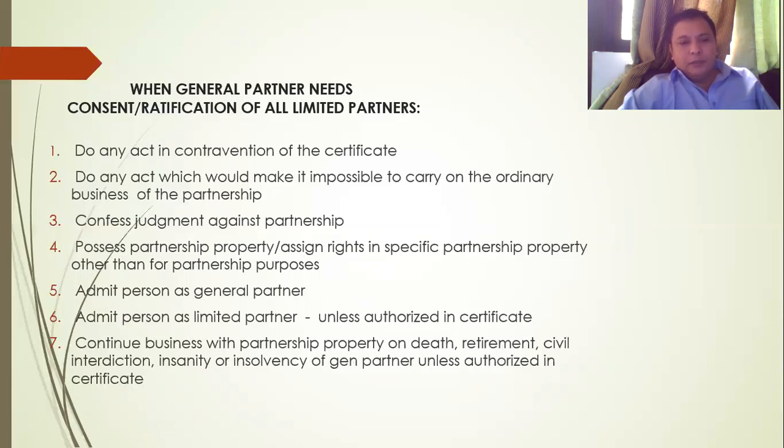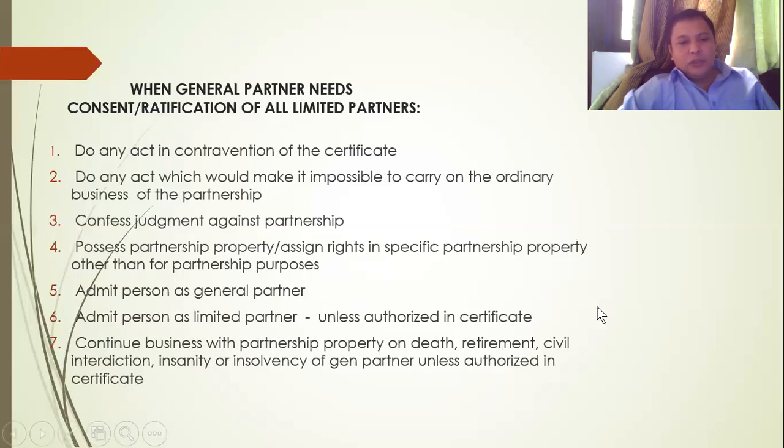Number five, admit a person as general partner. Number six, if a general partner admits another person as limited partner, unless it's already written in the certificate. If it is not written, then it requires the consent or ratification of all the limited partners.